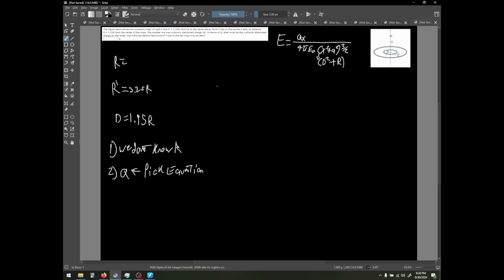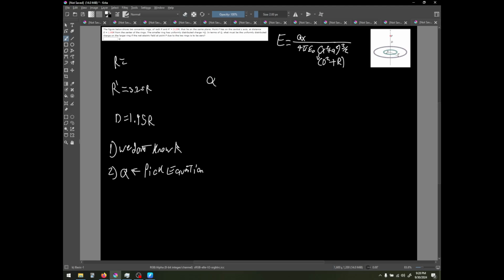Well, what we could say now, so it says it wants the net electric field to be 0. So that means E1 plus E2 equals 0. Or in other words, E1 equals E2.